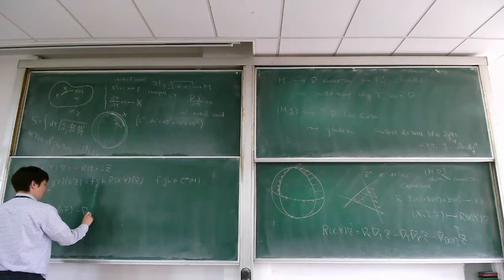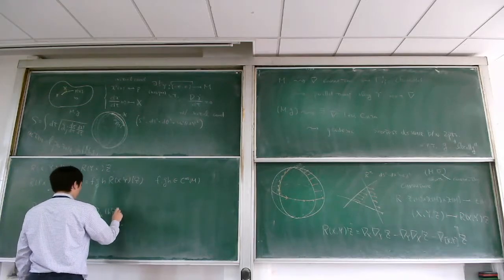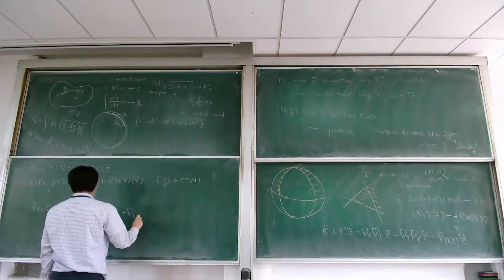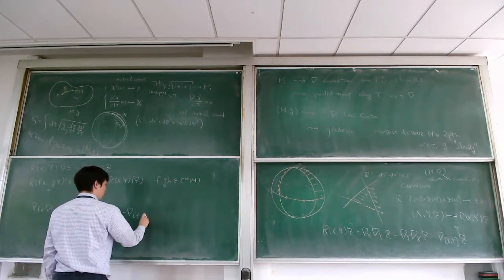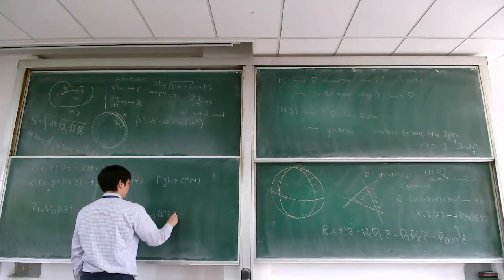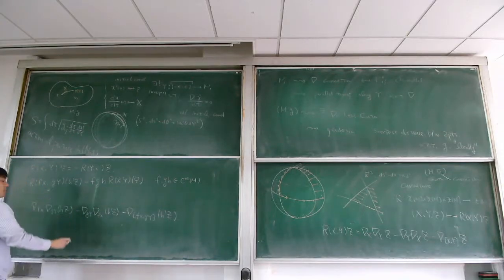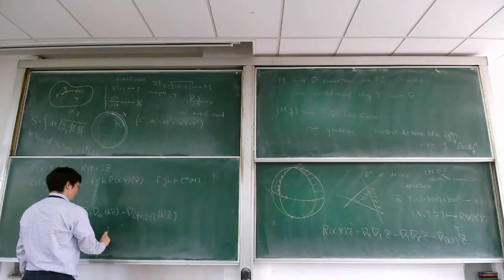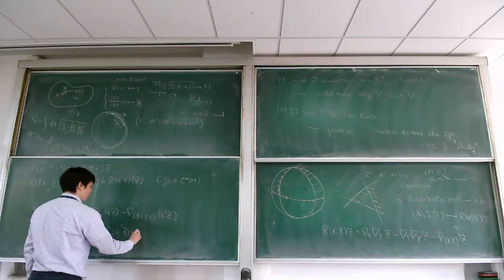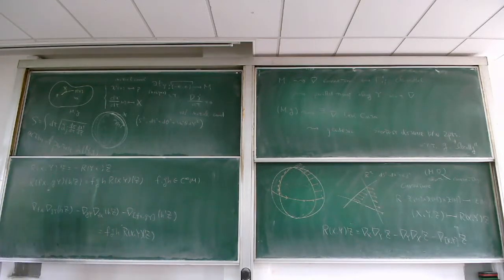It's not a trivial exercise to do. This left-hand side is equal to FGH R(X,Y)Z. That's what you need to show.